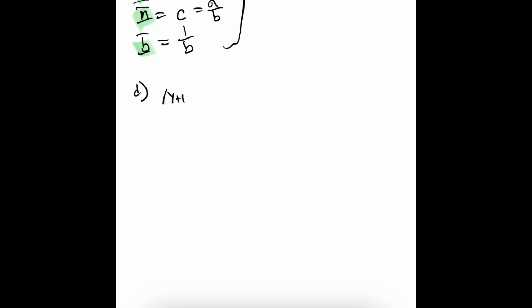y plus 1 squared equals a x minus 3 to the 3 inverse. Okay, how would I do this one? Well, we gotta break this up so that we've got something that looks like a line.